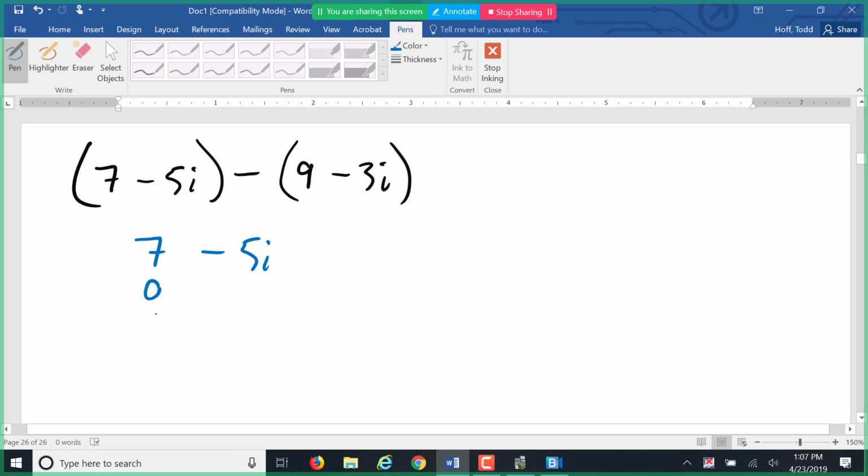We're going to line up the 9 with the 7, the negative 3i with the negative 5i. And remembering that we are now subtracting down the columns. Negative 5 minus a negative 3 is negative 2i. 7 minus 9 is also a negative 2.